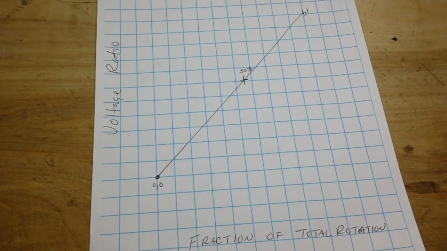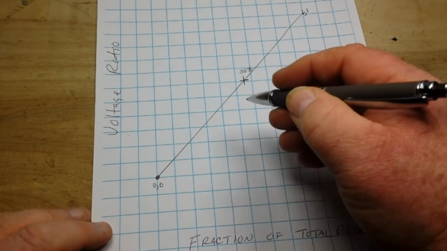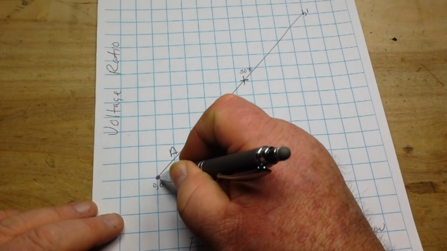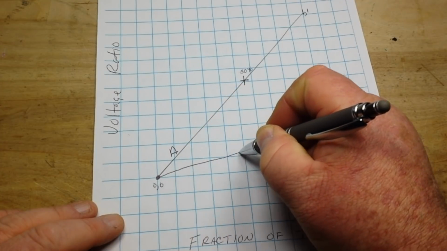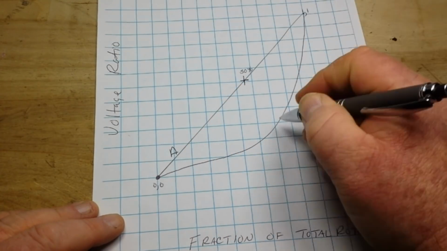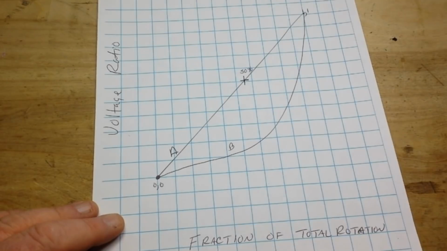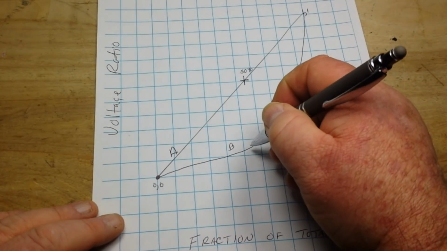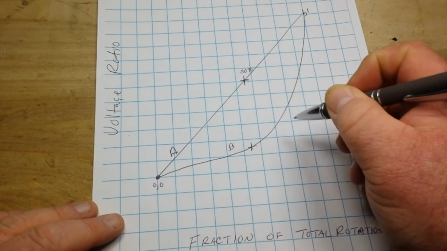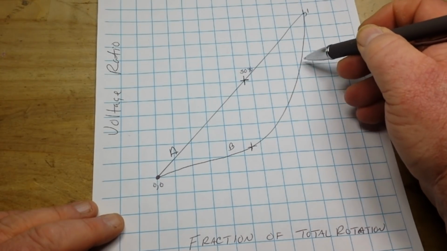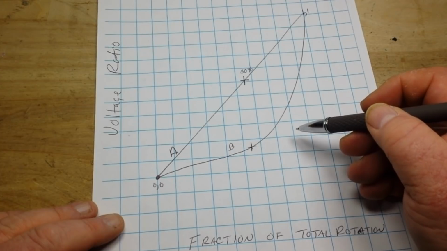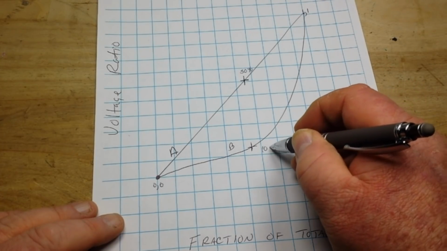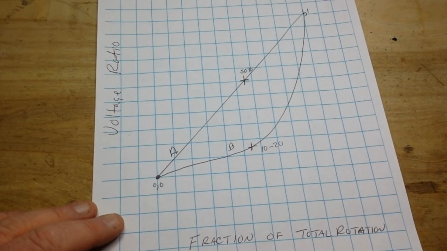Okay? Then the next type of pot, that line there represents our A. This one represents B, our audio taper pot. And at our 50% point, you can see we're nowhere near 50% of our voltage ratio or voltage output. In fact, we might be between 10 to 20%.